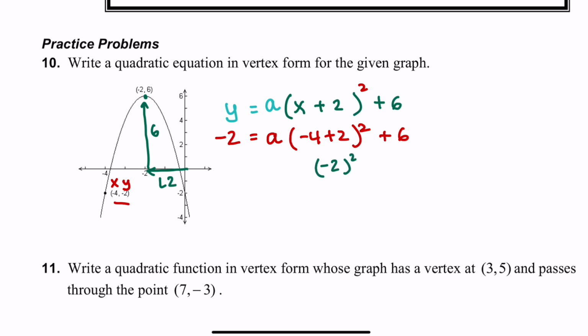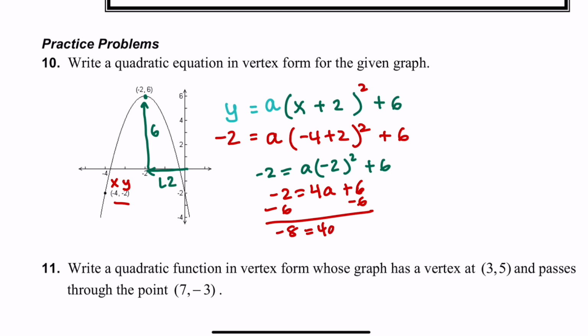And then we square that. -2 squared is a +4, that's -2 times -2, which makes it 4a plus 6. Subtract 6 from both sides. We get -8 equals 4a. Divide by 4. -8 divided by 4 is a -2. So our a value is going to be a -2.